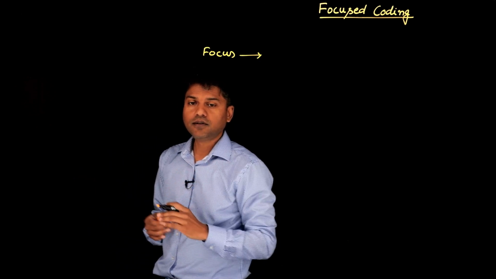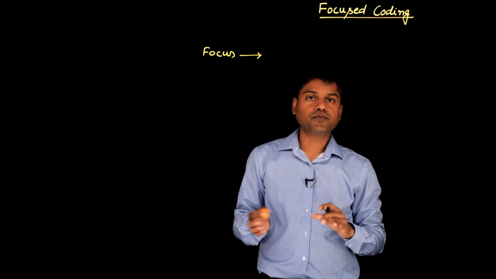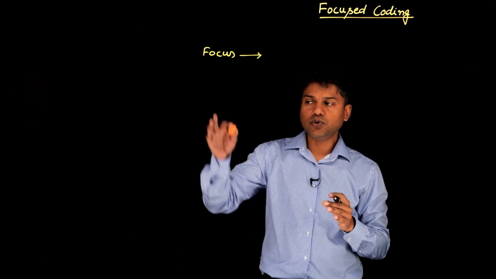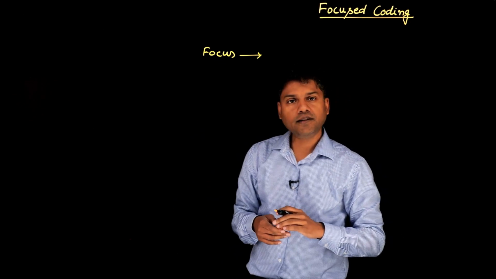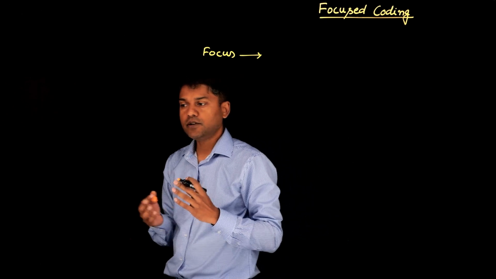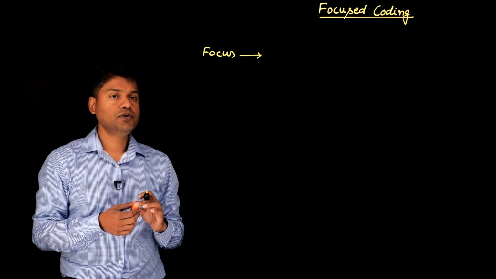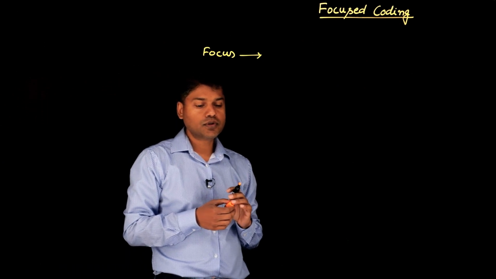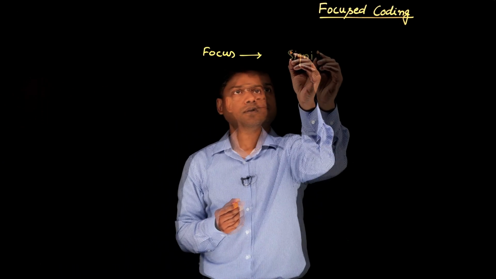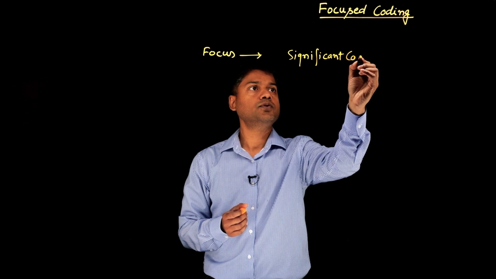When you have your initial codes, your first cycle of coding, you have, let's say, 20, 30 initial codes that you might get through an open coding strategy. Out of all those codes, you focus on significant codes.